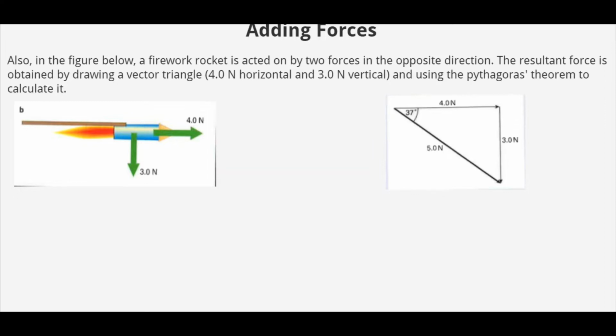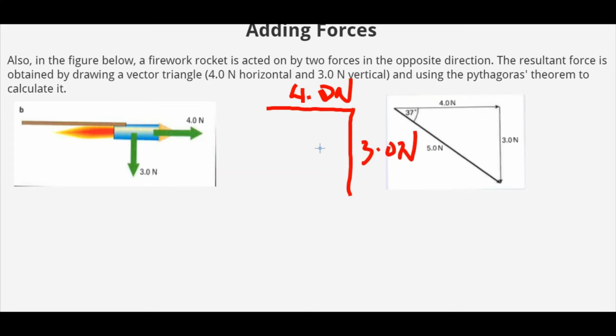So let me give you a simple description of how the resultant force was obtained via the Pythagoras theorem. We have this straight line, which is 4 Newton, horizontal, and the 3 Newton, which seems to be the weight of the rocket.